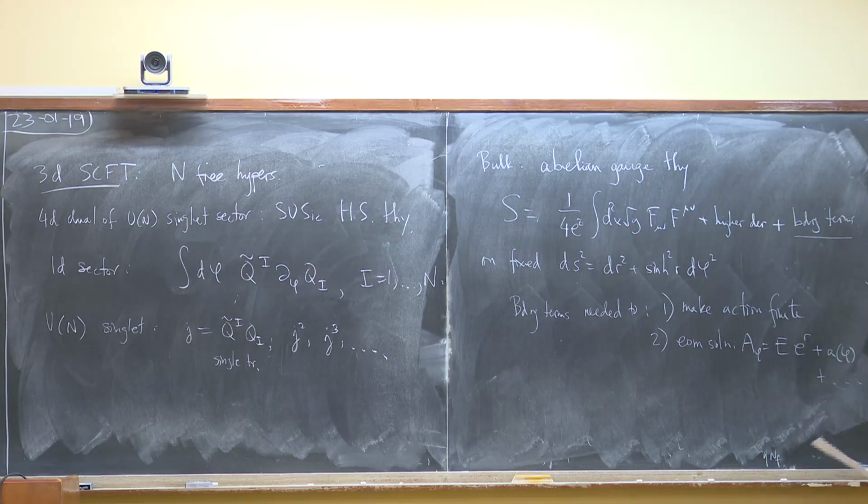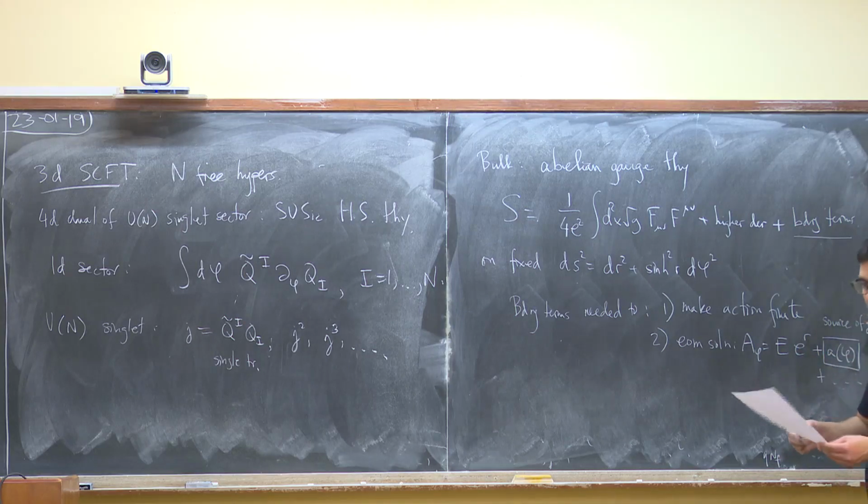What we want is to identify this as the source for the boundary operator. So this is a situation of alternate quantization, and the boundary term must account for that as well.